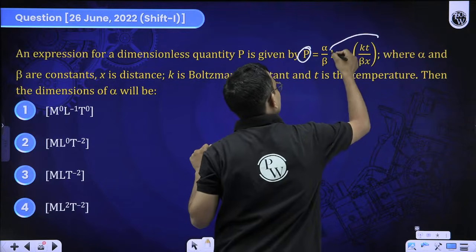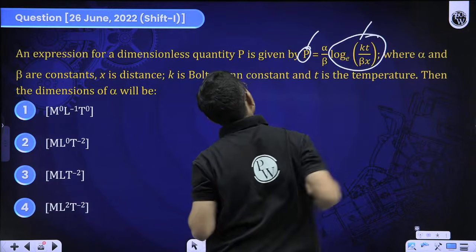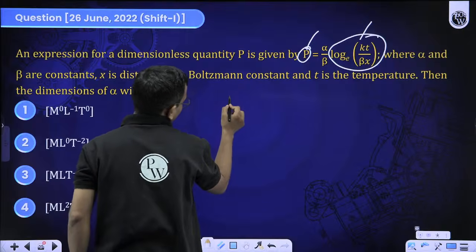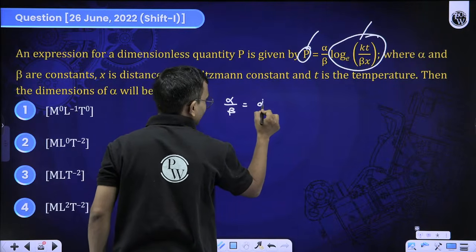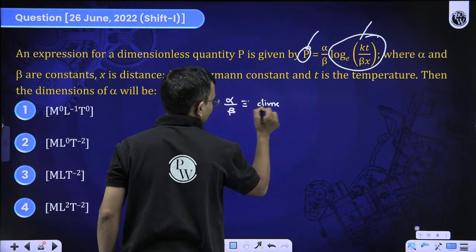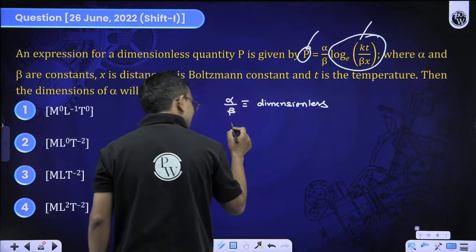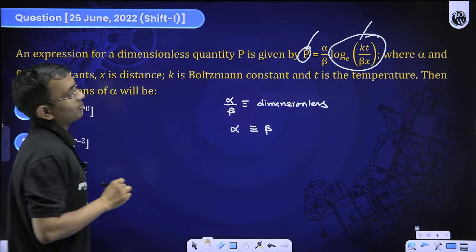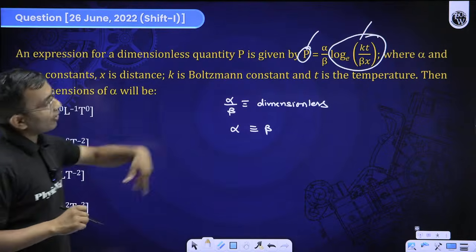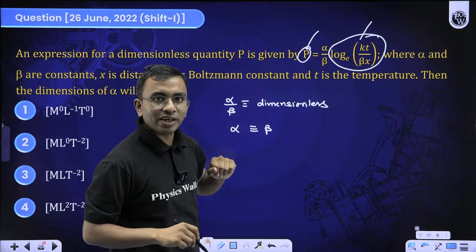This whole is also dimensionless, isn't it? It means alpha by beta is dimensionless. It means dimensions of alpha and dimensions of beta are same. That is the meaning. So find the dimensions of beta. That will be the dimensions of alpha. So basically I need to find the dimensions of beta.